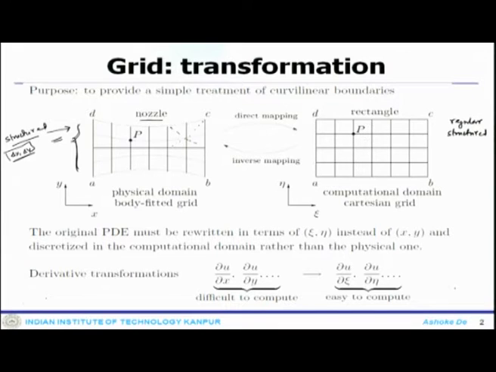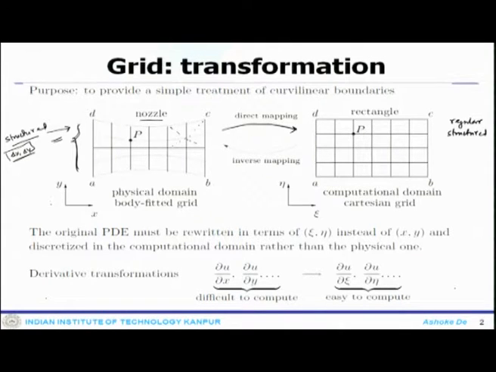Now, I want to map this to a rectangular system. So, this is your global coordinate system x and y, and these are the endpoints A, B, C, D, and once you transform them by a direct mapping, from here to here, you transform them to a regular system.